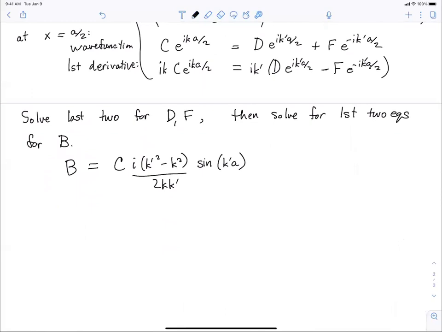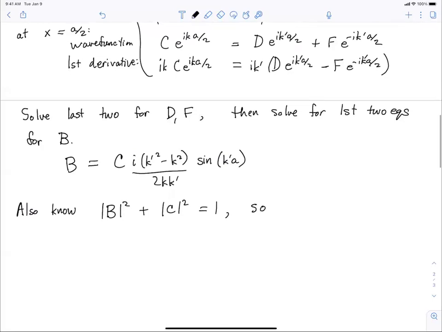Okay, so now we can write here that we also know the magnitude of B squared plus the magnitude of C squared is 1. And so rather than trying to solve for C or B individually, since B squared and C squared are what we actually want, we just solve for them.